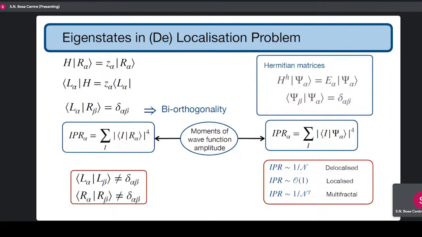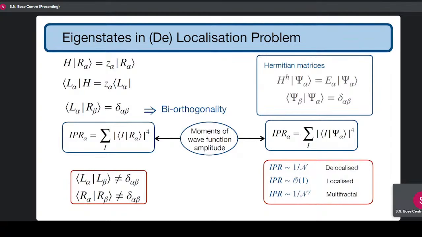But in non-Hermitian systems, we have left and right eigenvectors which satisfy biorthogonality conditions, which are slightly less restrictive than the orthonormality in Hermitian quantum mechanics. So one can define these IPRs in terms of either right or left eigenvectors, and it turns out that both of them have to be treated on equal footing because of the biorthogonality condition.